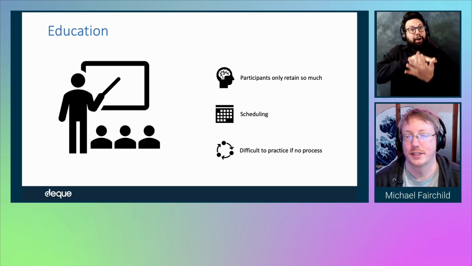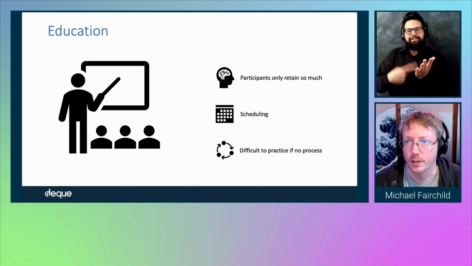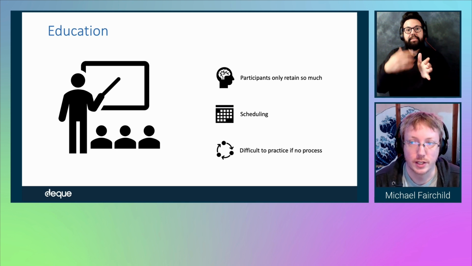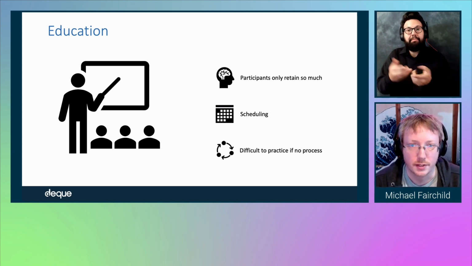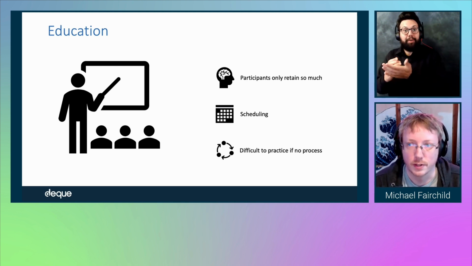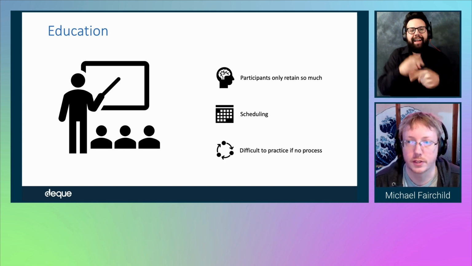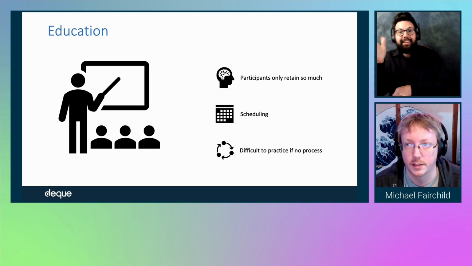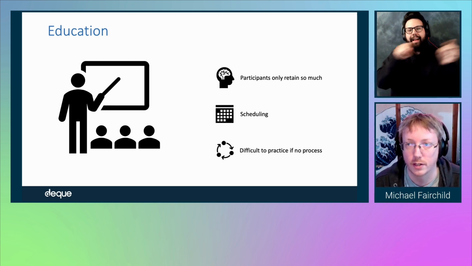There are scheduling conflicts. If we're doing an in-person training, chances are someone on the development team is going to be sick that day, or have a scheduling conflict. So not everyone is going to be able to attend, and there will be gaps in knowledge on your team.